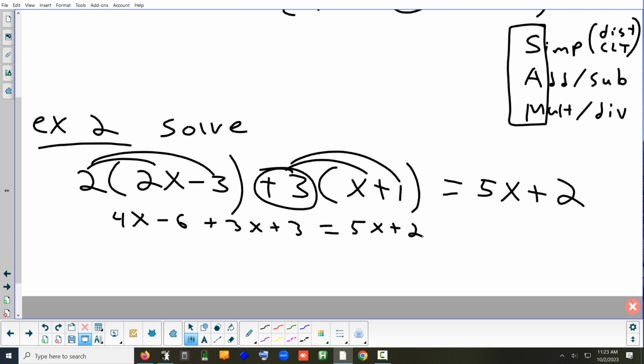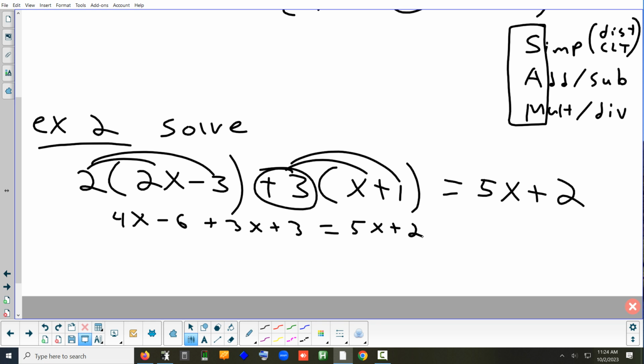So the next step under simplifying is to combine like terms. Combine like terms is on the same side, so we're not moving stuff from side to side yet. We're just combining anything we can on the same side. Well, on the right, we only have 2 terms. One has an x and one doesn't, so there's no like terms on the right. How about the left?